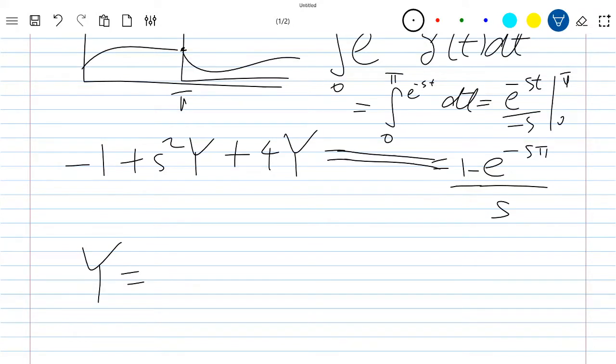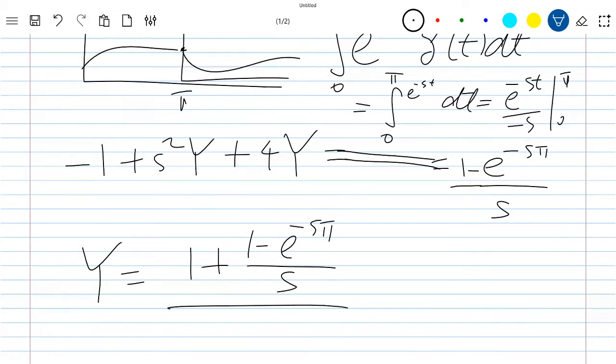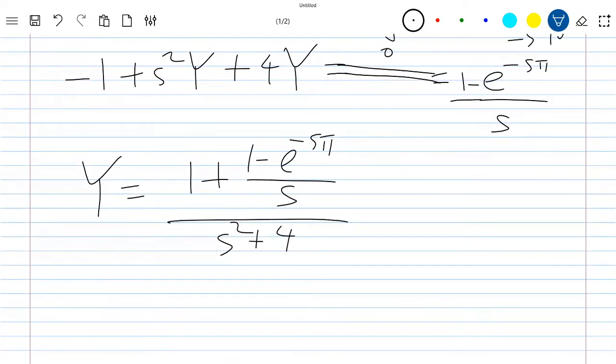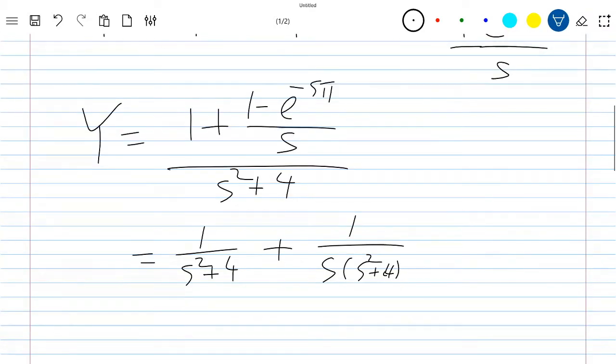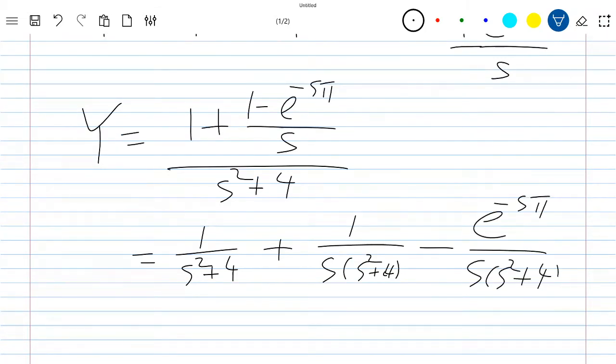You move the s squared plus 4 over there. So you get 1 over s times 1 minus e to the negative s pi, over s squared plus 4. Then you can separate them into 1 over s times (s squared plus 4), minus e to the negative s pi over s times (s squared plus 4).